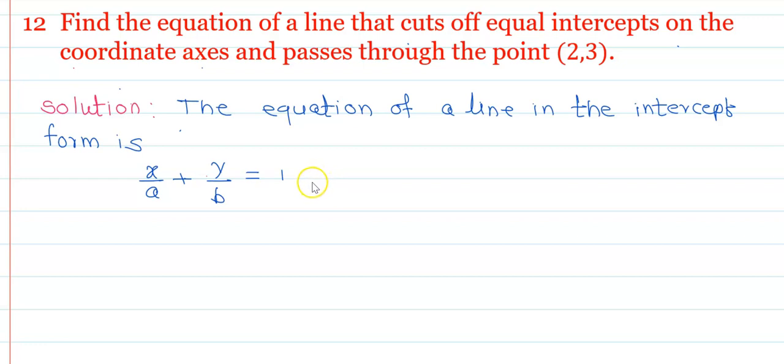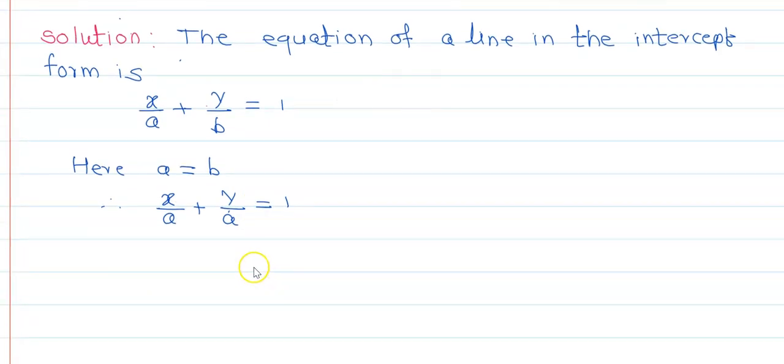Okay. Now here the intercepts are equal. Both intercepts a is equal to b. And therefore the equation of the line becomes x upon a plus y upon a is equal to 1.